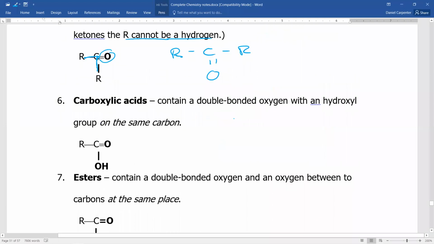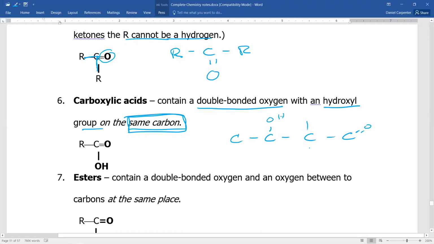Carboxylic acids, double bonded oxygen, and hydroxyl group on the same carbon. If they're on different carbons, like C, C, C, C, double bond O, and OH, if they were on different carbons like that, then it would not be a carboxylic acid.